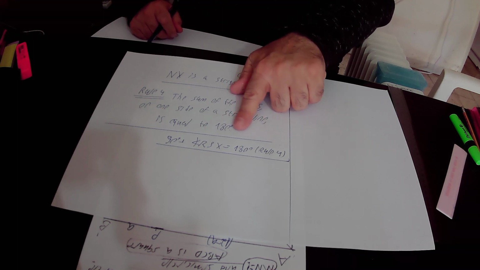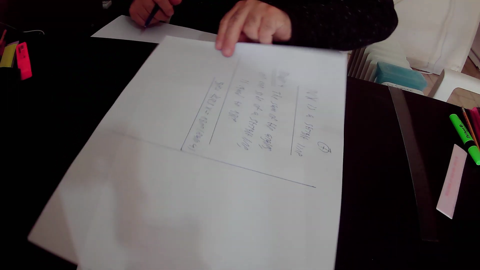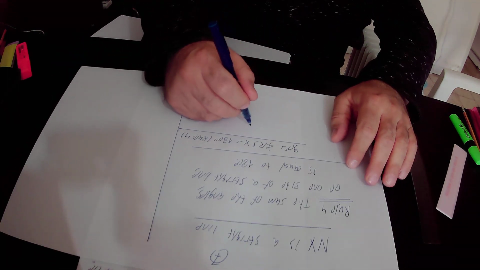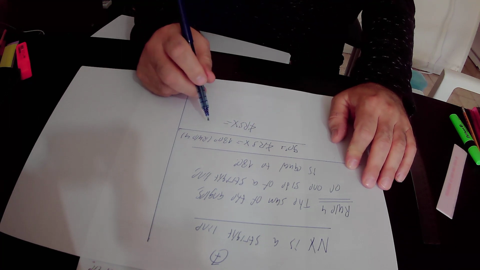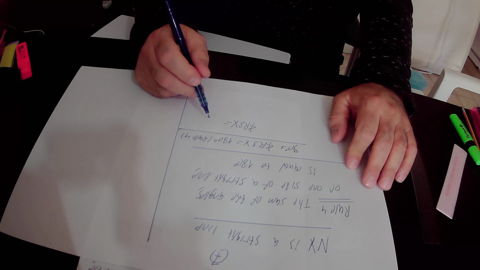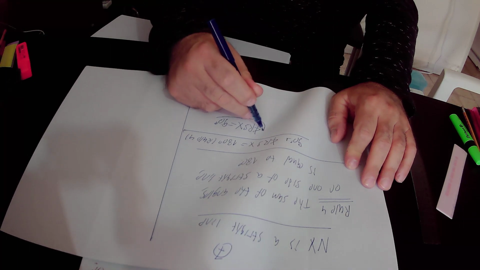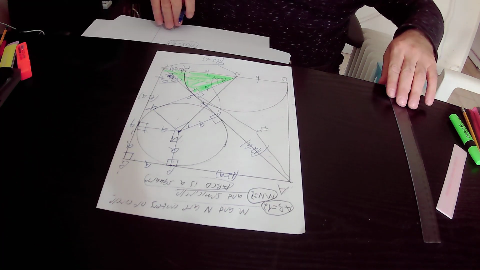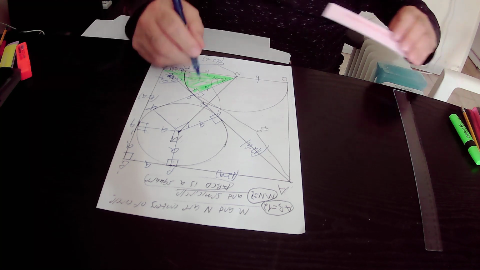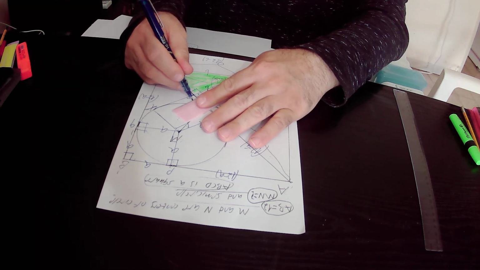We will subtract 90 degrees from this equation and we will get that angle RSX is equal to 180 degrees minus 90 degrees equals 90 degrees. So we found out that this angle RSX is a right angle, it equals 90 degrees.